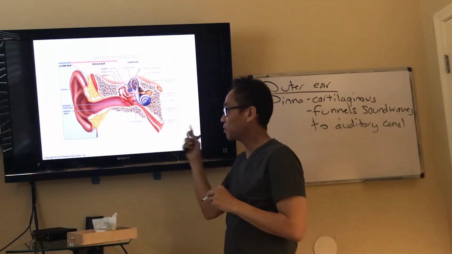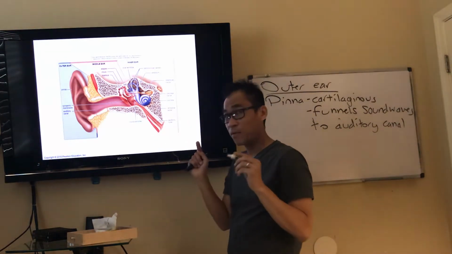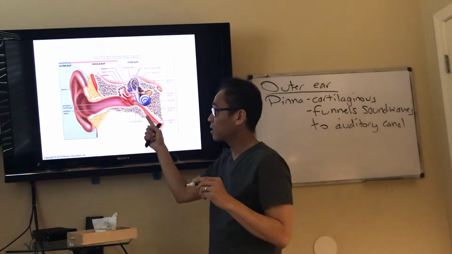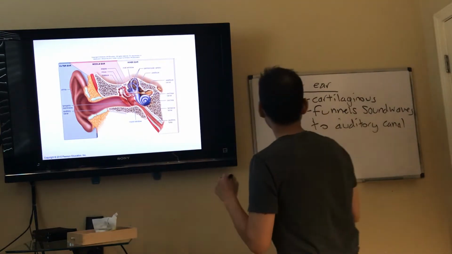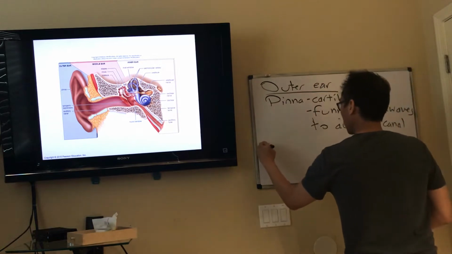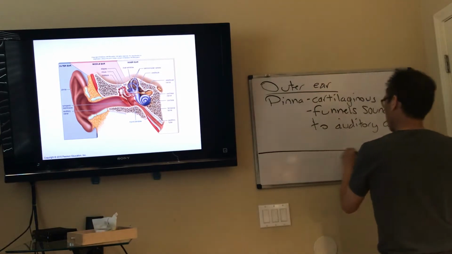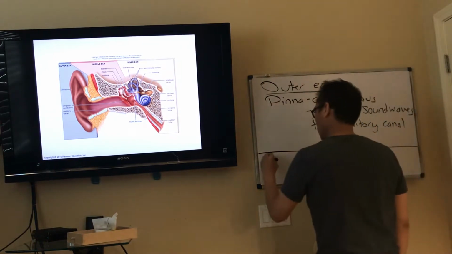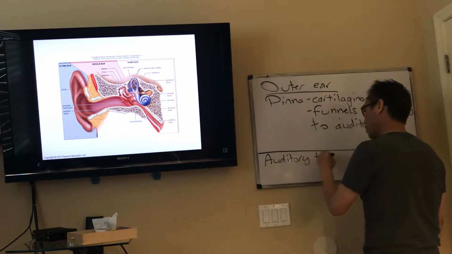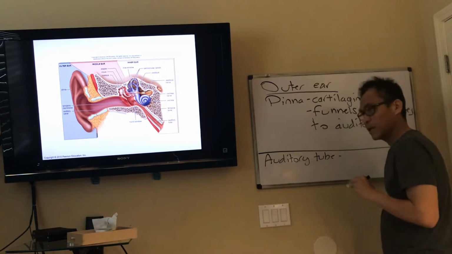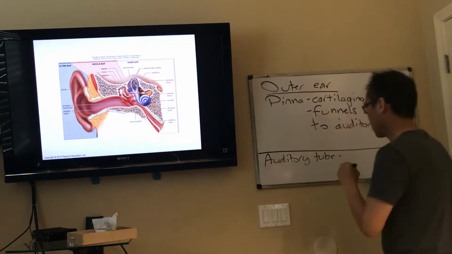I should have mentioned the auditory tube as part of the middle ear because it is in communication with the tympanic cavity. So let me put that as a side note here. Know the auditory tube is in communication with the tympanic cavity.